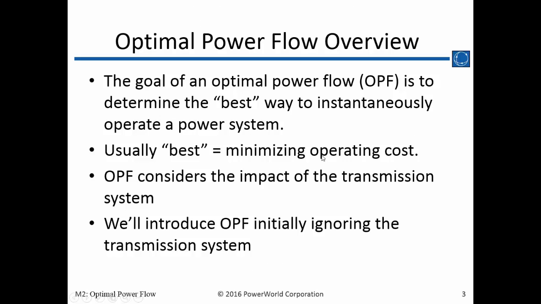So optimal power flow. Anytime you have an optimization, it's usually seeking a best solution. In the case of power system operation, best is usually considered the point where the operating costs are minimized. So the total cost of meeting the load is minimized, also subject to constraints that are imposed by the transmission system.